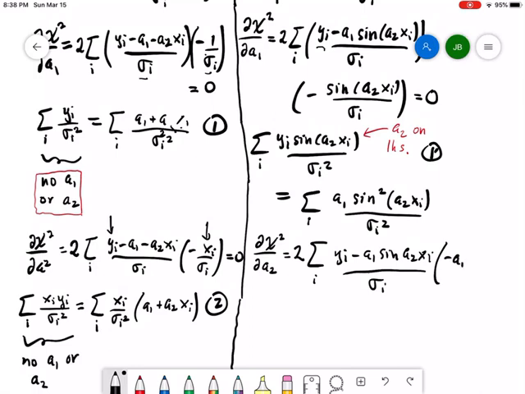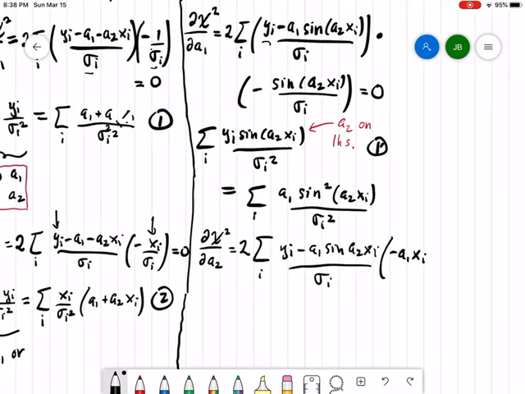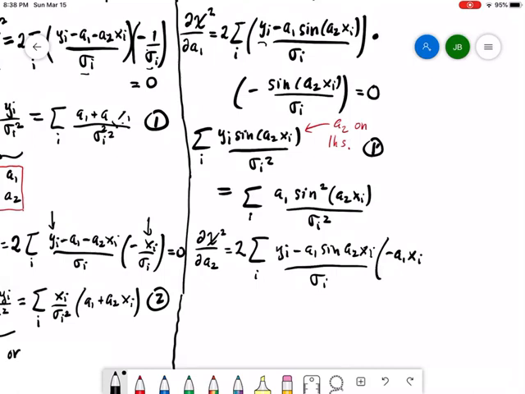When we do the a2 derivative, like we talked about, an xi is going to come out. The sine becomes a cos, so we're going to get cos of a2xi, and then we have to divide by sigma i, and then we have to set that all equal to 0.